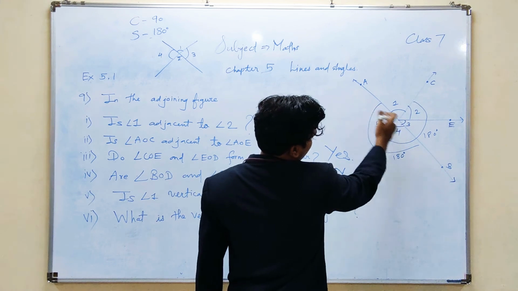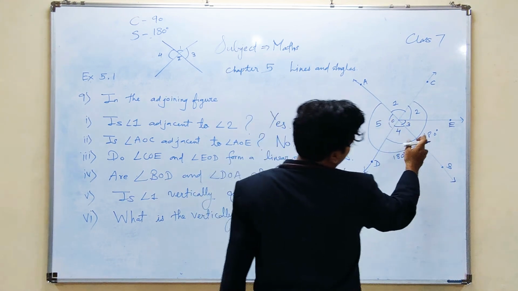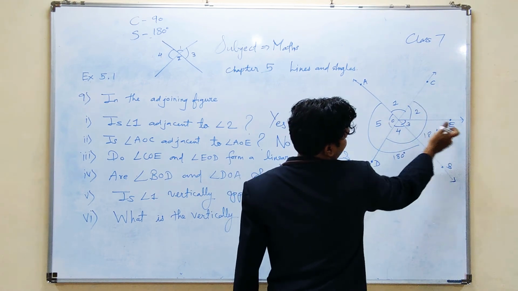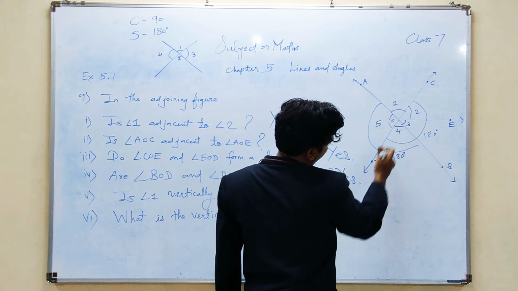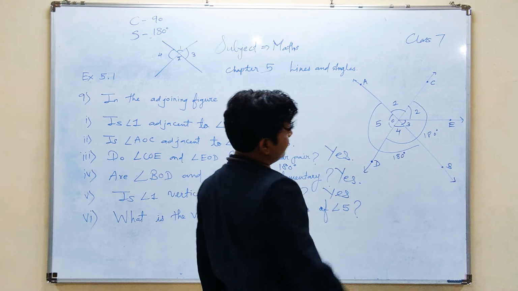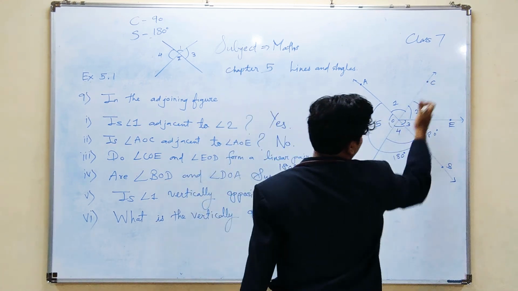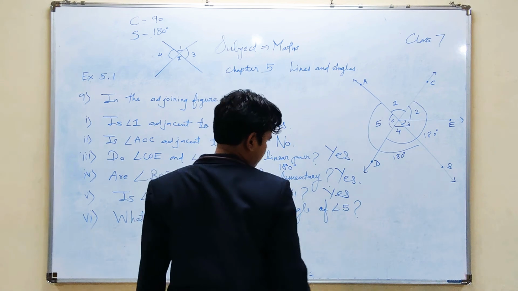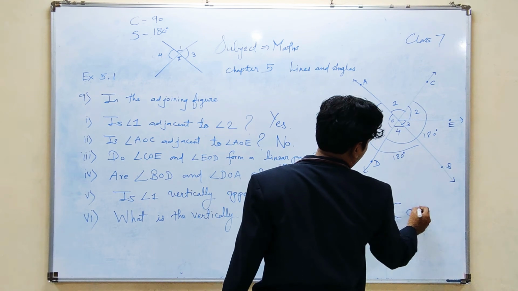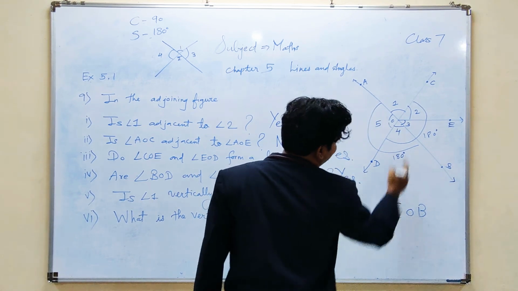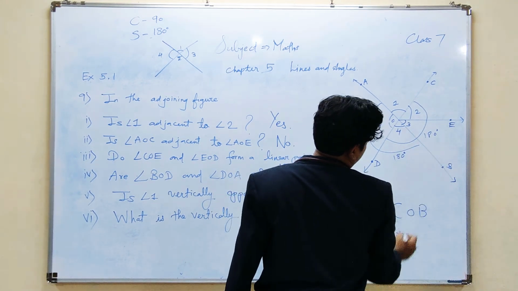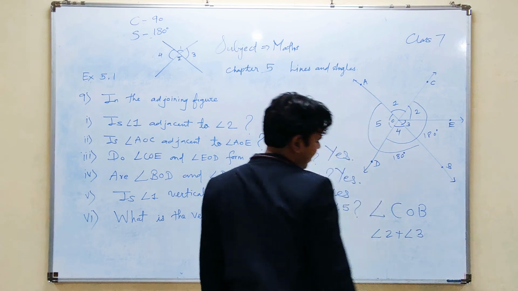The vertically opposite angle of AOD will not be EOB, and it will not be COE. It will be COB. So the vertically opposite angle for AOD is angle COB, or in other words, angle 2 plus angle 3.